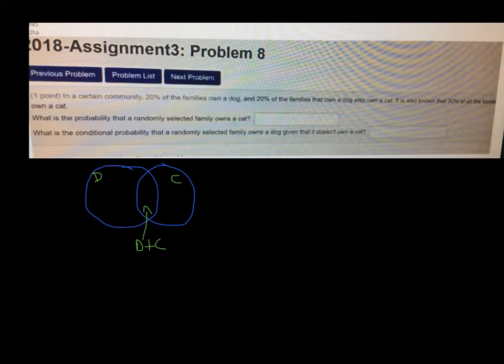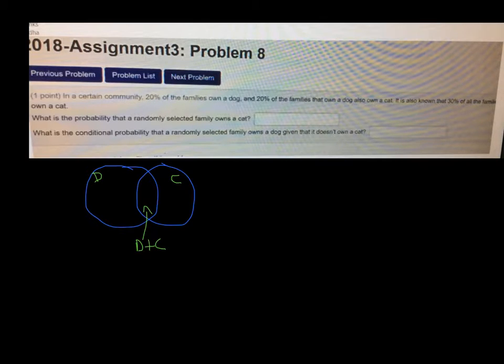So they gave you all of this information in percentages, and I think it's probably easier to look at this from a population standpoint. So if we just assume that we have 100 people, then it says that 20% of them have a dog, and 20% of those have a cat.